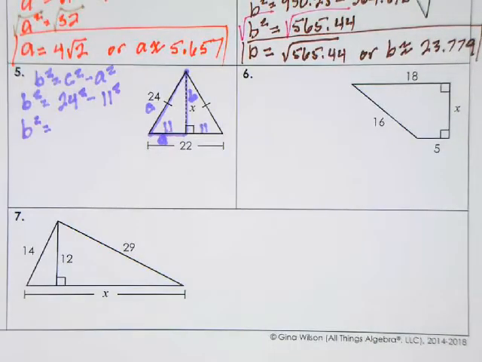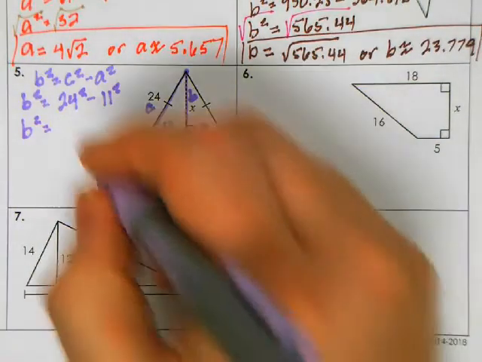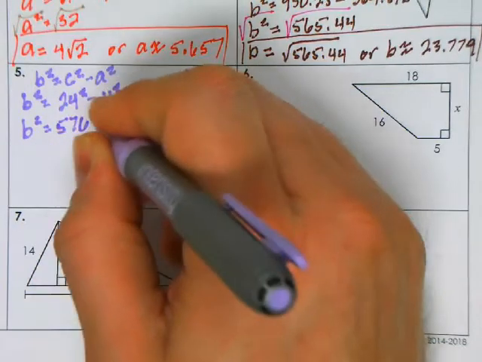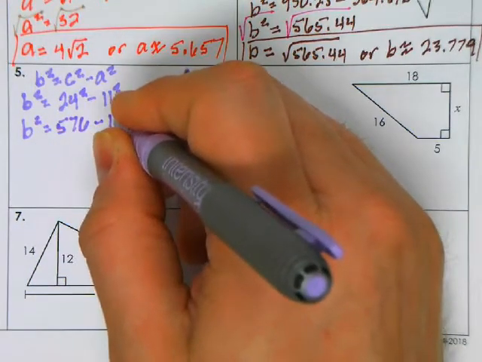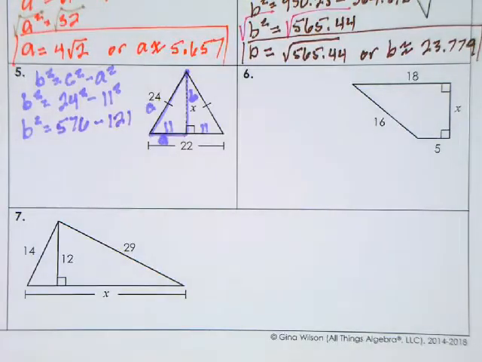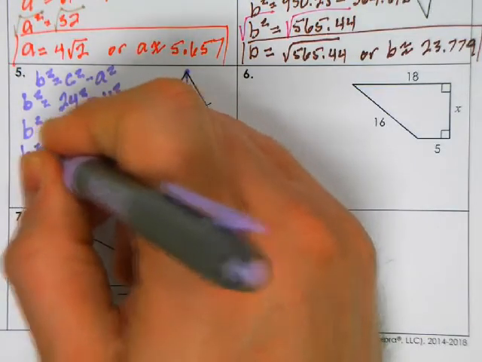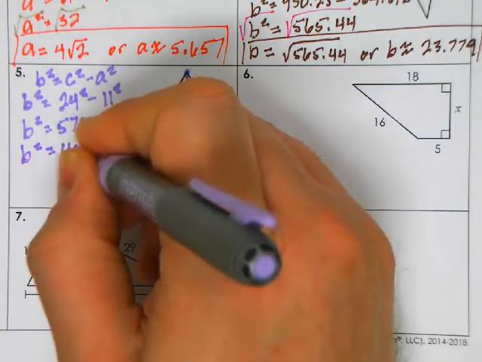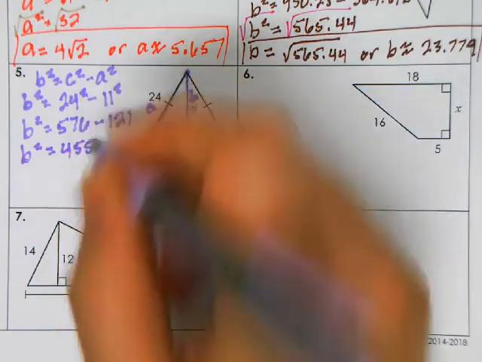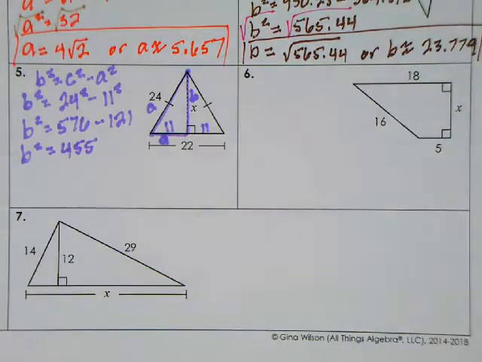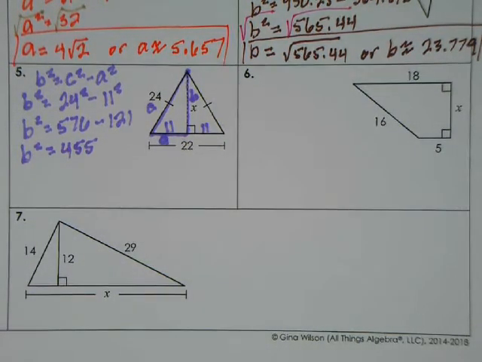So 24 squared gives me a value of 576. 11 squared will give me a value of 121. So 576 minus 121 is going to be 455. And if I take the square root of 455, that one doesn't really have any perfect square values to it, so it won't simplify.